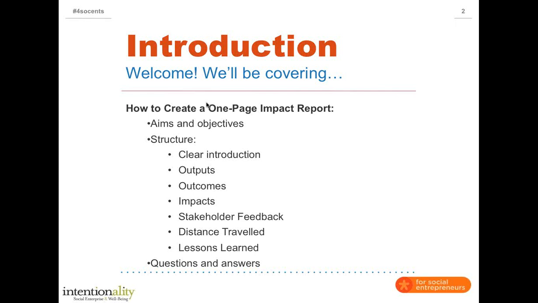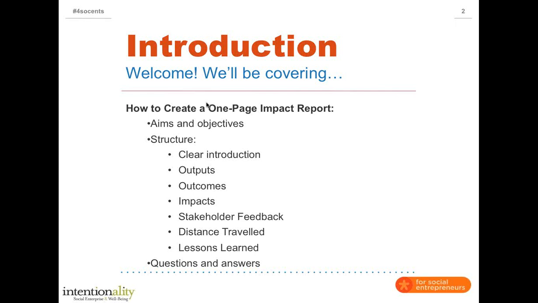If in fact you've already done a lot of social impact measurement and reporting and have a much more comprehensive report, then I hope maybe this might be a way to simplify that and condense that much more comprehensive reporting down into something that might have different audiences or different purposes. So hopefully what I'm going to cover will be helpful to all of you in your differing circumstances.